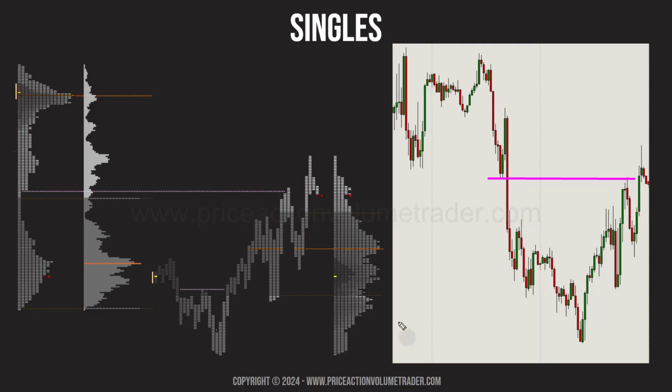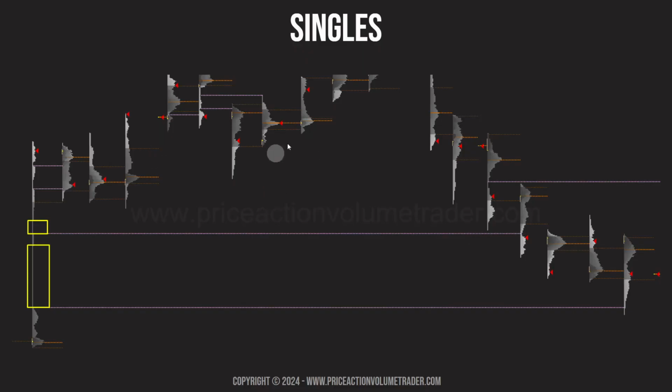But you can see how single prints are seen all the time, especially in trending markets, and they represent excellent target points. Here's another example, more for like, if you're a swing trader. We had this very bullish day here, which opened down here and closed here.